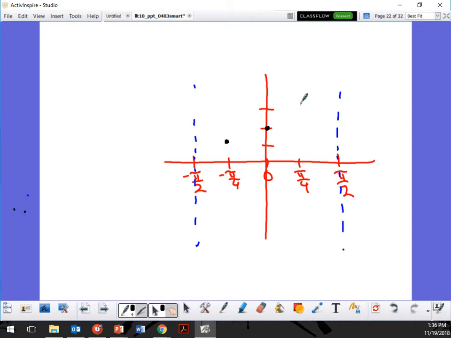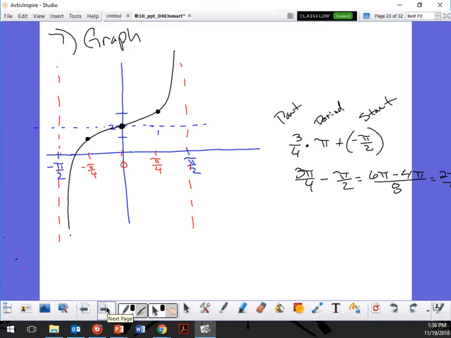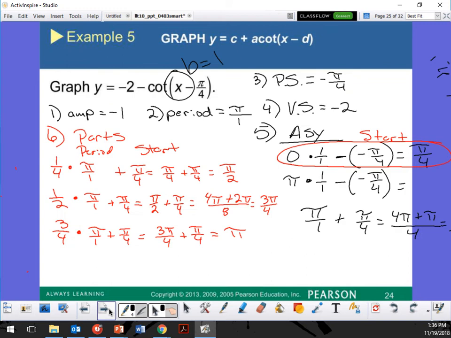And then pi over 4 is at 3. So hopefully you're actually attempting and sketching a graph. Oh, that felt good.